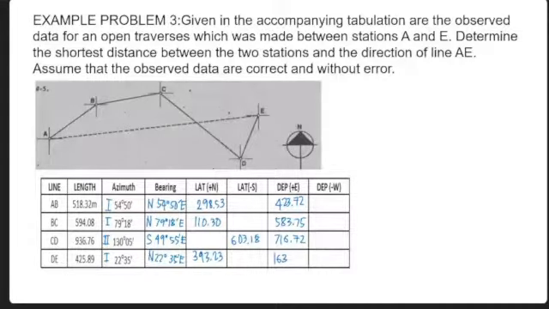Okay. So our angles, our theta, are all given correct and without error. So what we are looking for is our E to A. So there is no length, no azimuth, no bearing, and no departure and latitude. So we will use the summation of our latitude is equal to 0.